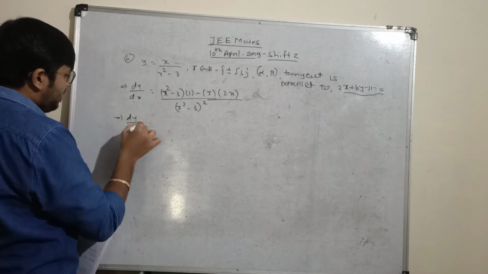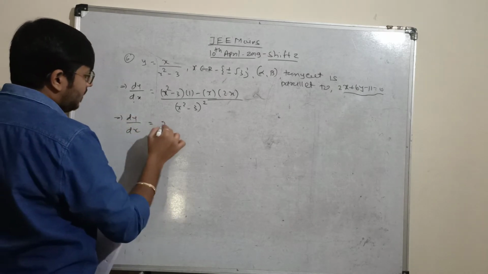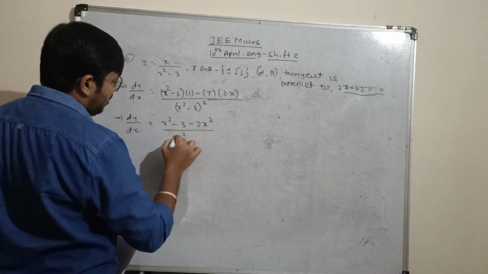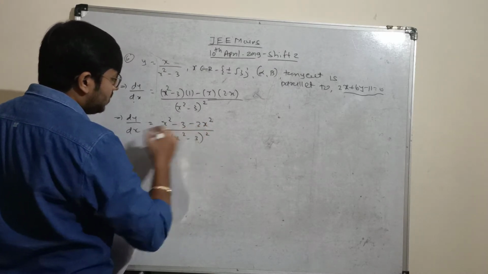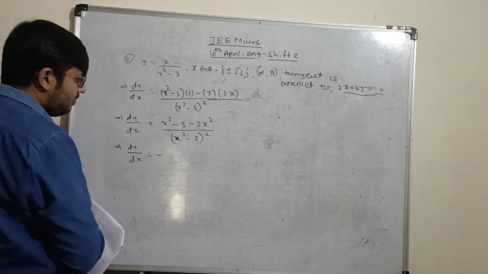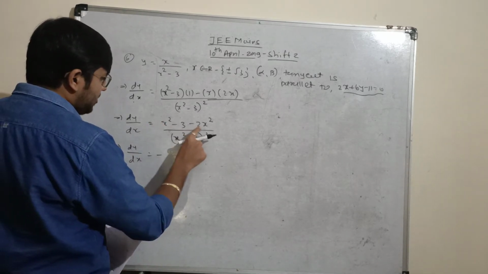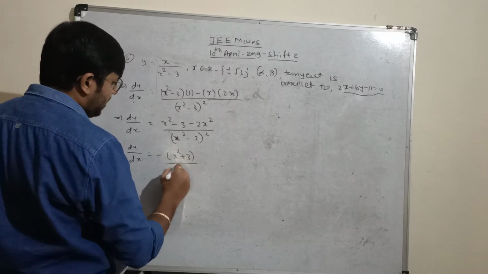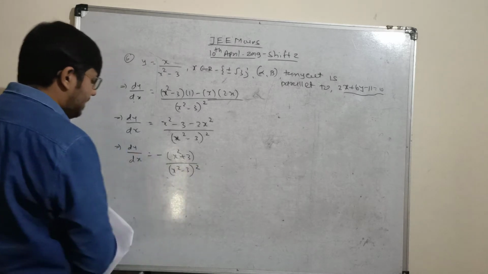So dy by dx equals (x square minus 3 minus 2x square) upon (x square minus 3) whole square. So dy by dx will be minus x square minus 3, that is minus (x square plus 3) upon (x square minus 3) whole square, right?